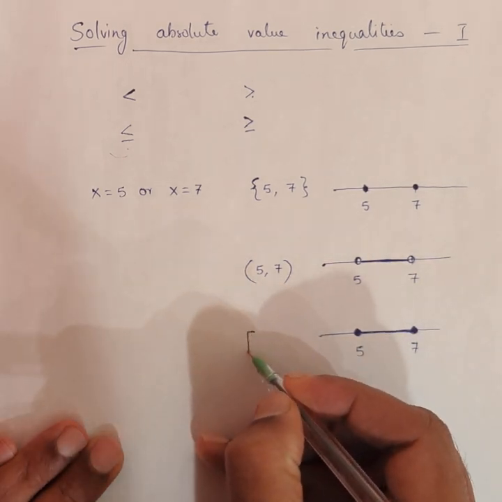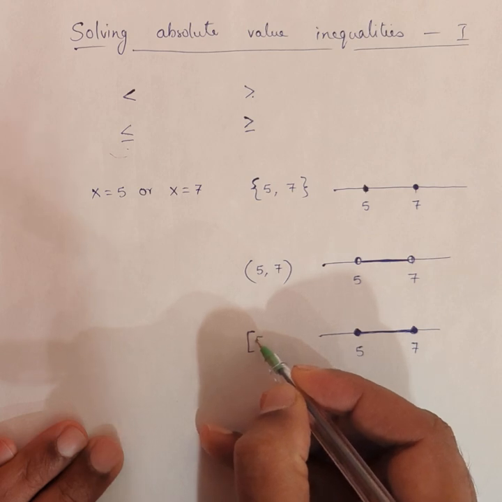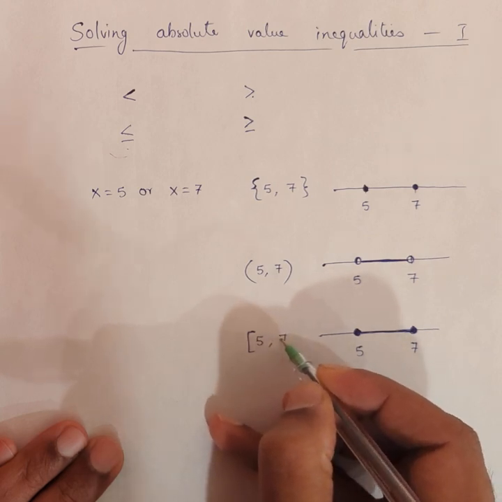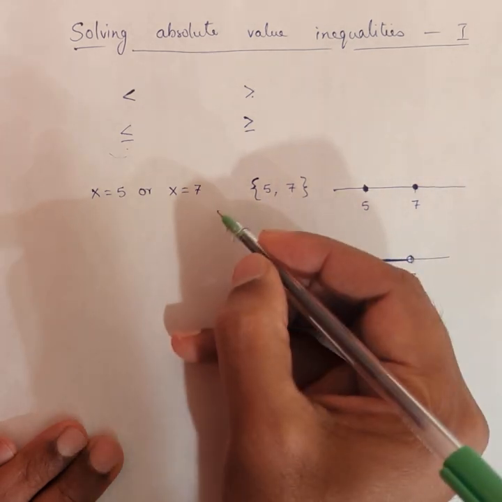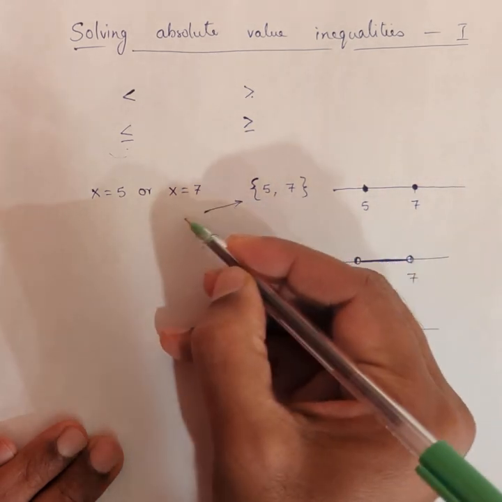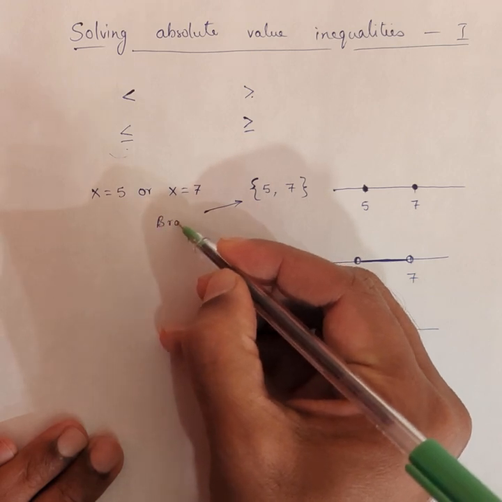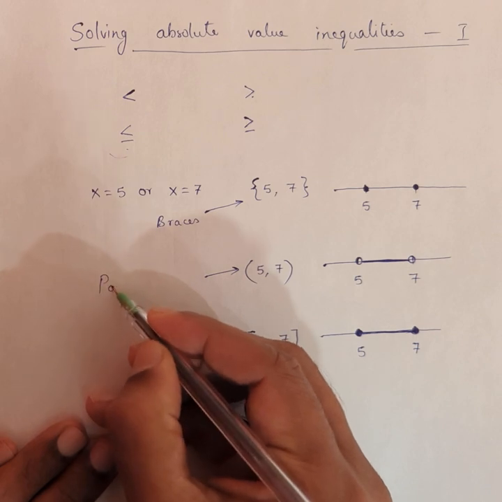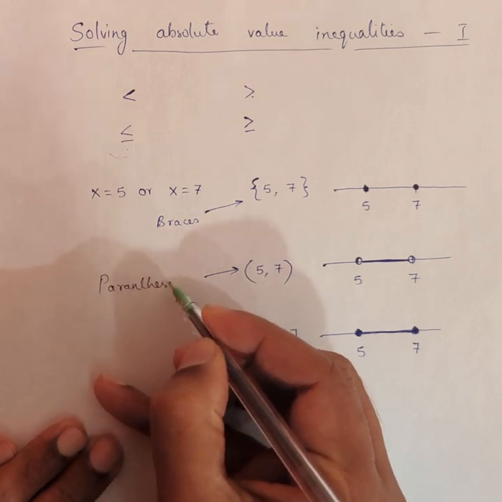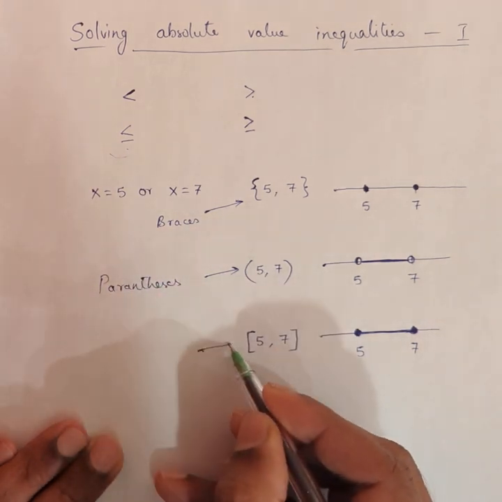And now you use brackets: 5, 7. Now these are called braces. These are parentheses. And these are brackets.